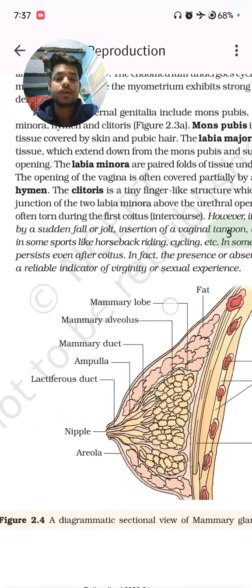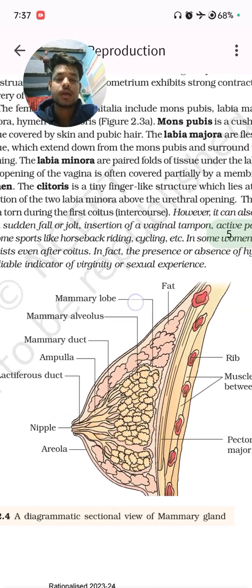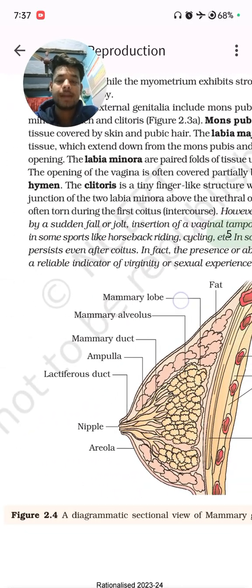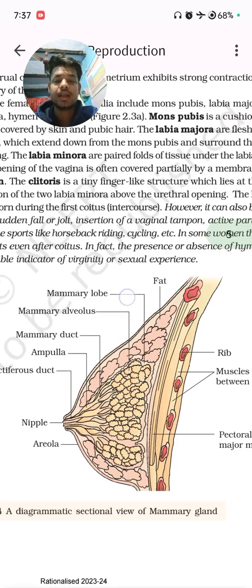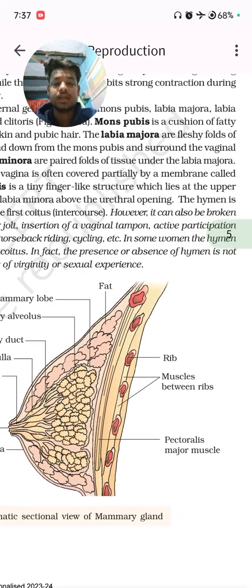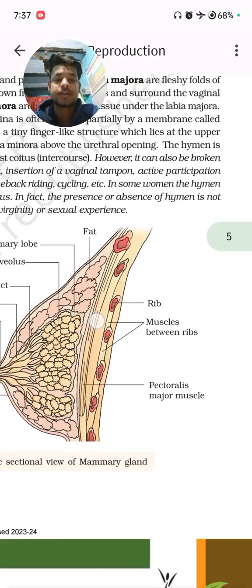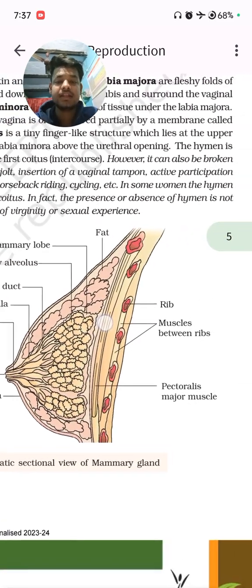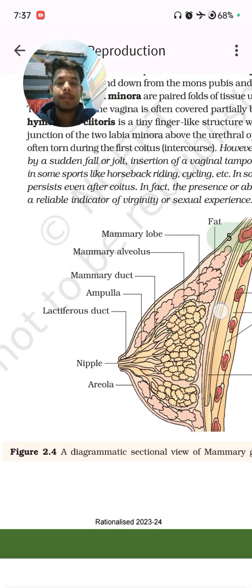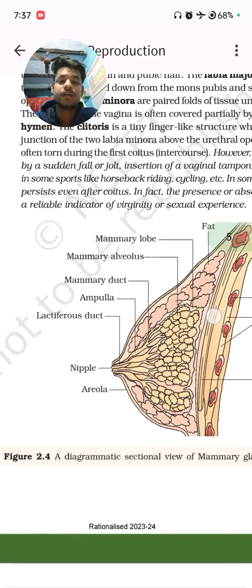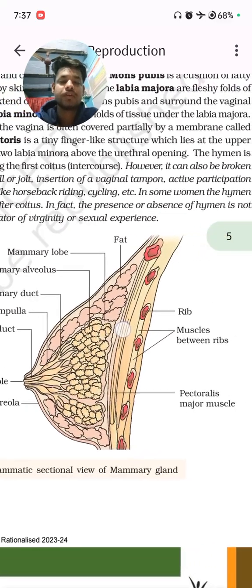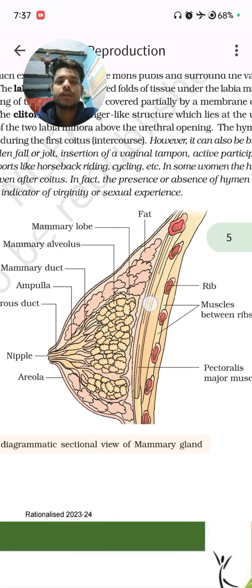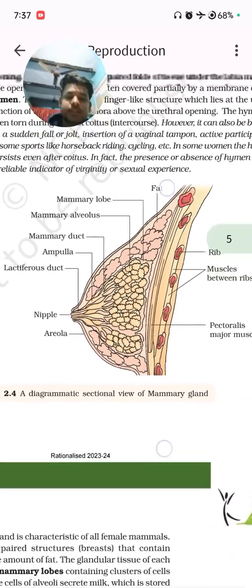The hymen is often torn during the first coitus or intercourse. However, it can also be broken by a sudden fall or jolt, insertion of a vaginal tampon, or active participation in some sports like horseback riding, cycling, etc. In some women, the hymen persists even after coitus. In fact, the presence or absence of hymen is not a reliable indicator of virginity or sexual experience.